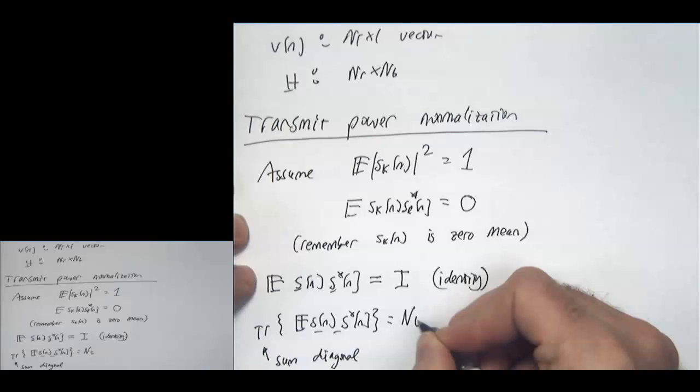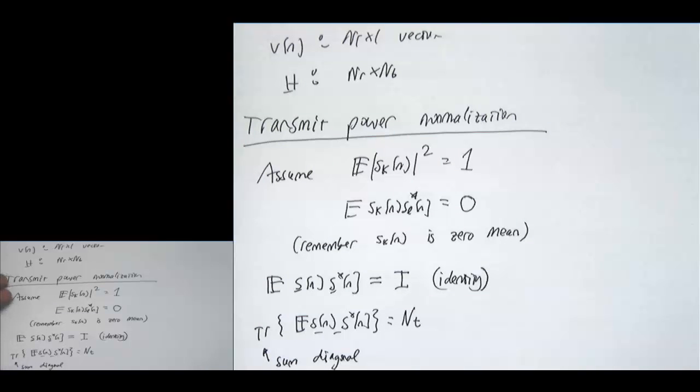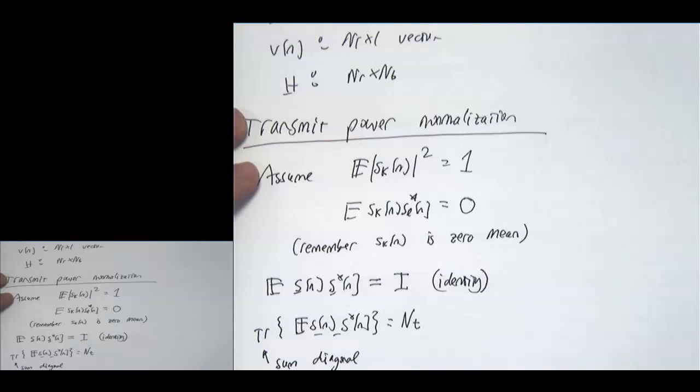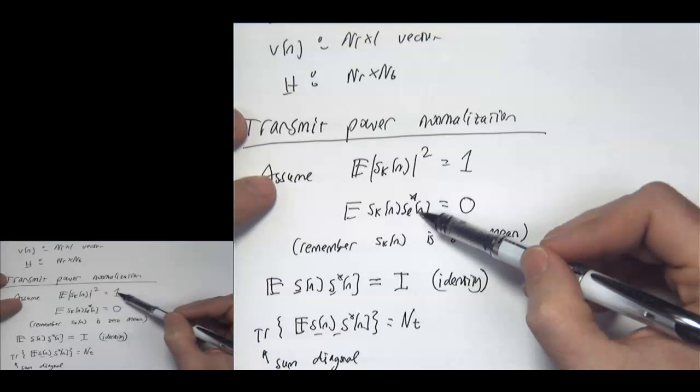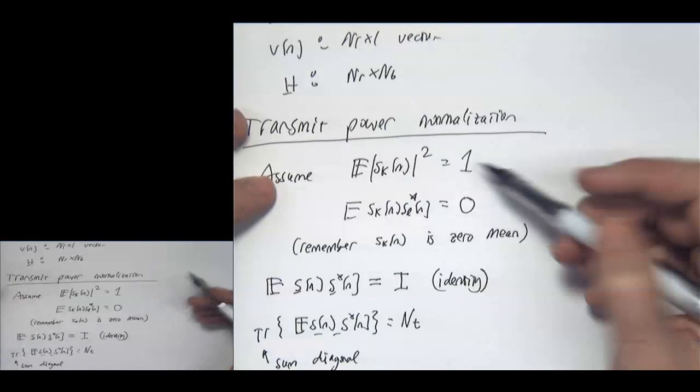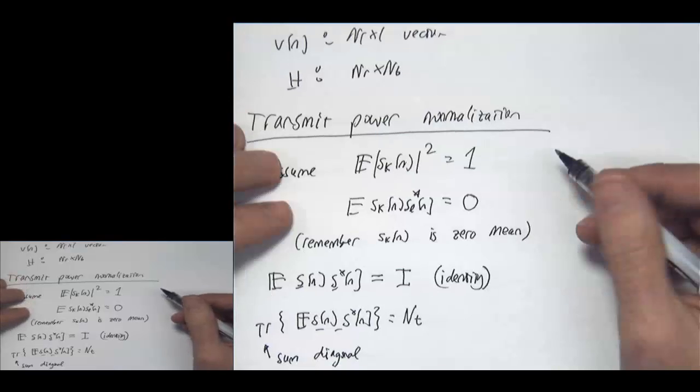And that's just equal to nt here. So effectively, in a MIMO system, we're summing up the transmit symbol energy. We see that we have uncorrelated symbols. Each symbol is normalized to 1, so that effectively there's nt worth of energy here.